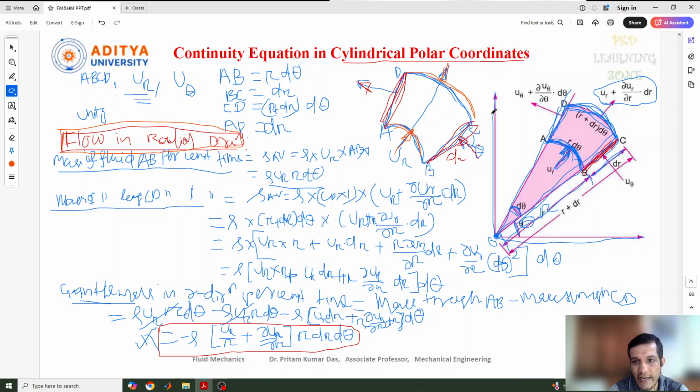Because this is the radial direction, R, we have taken here. In the CD, what mass of fluid is leaving the surface CD. Then finally, what is the gain of mass in this radial direction per unit time. So we subtract the AB from the CD and we'll get this one. This is for the radial condition.